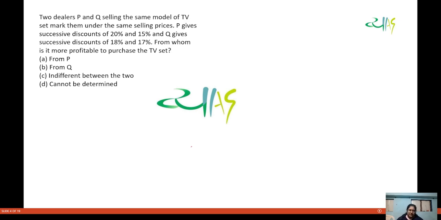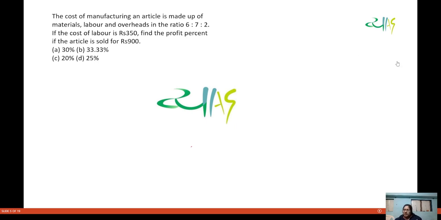Now let us move to the next question. Look at this question. It says the cost of manufacturing an article is made up of material, labor, and overheads in the ratio 6 is to 7 is to 2.